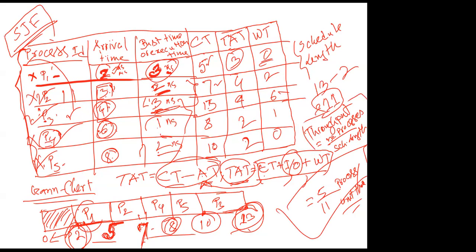So you can take notes on what throughput is. TAT, ET, and schedule length are also very important parameters. Okay, so this is the shortest job first scheduling algorithm.